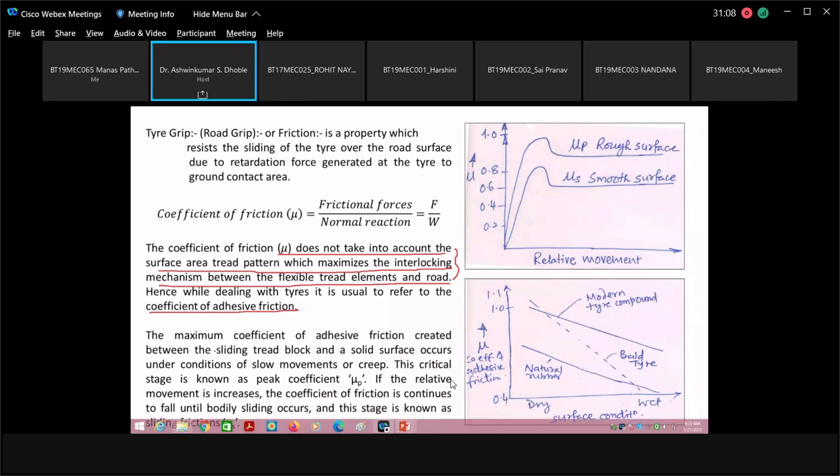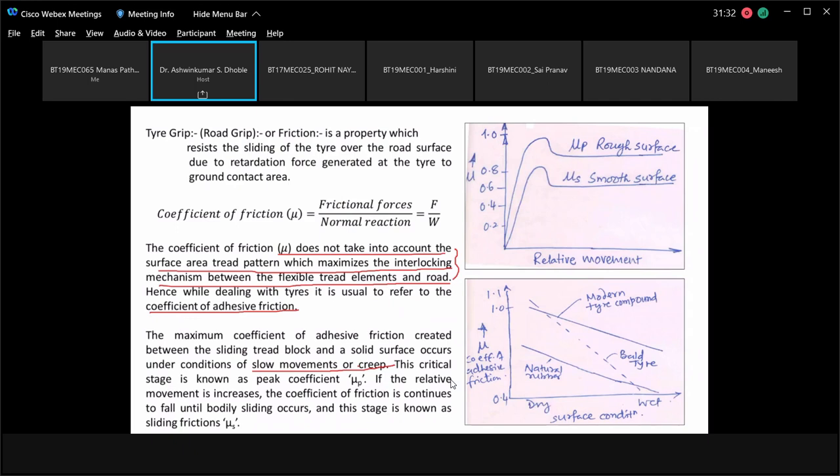The maximum coefficient of adhesive friction created between the sliding tread block and a solid surface occurs under conditions of slow movement or creep. That means when the relative velocity between the two surfaces is very small, it is called creep or slow movement.